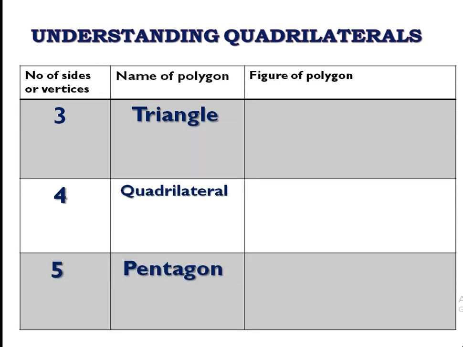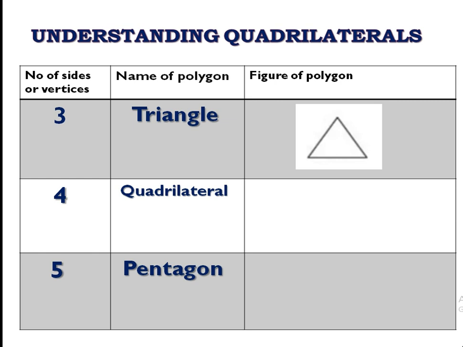Now see the table: according to number of sides or vertices, name of polygon, figure of polygon. If the number of sides or vertices of a polygon is 3, then the name of the polygon is triangle. Here is the figure of the triangle. Okay, right.